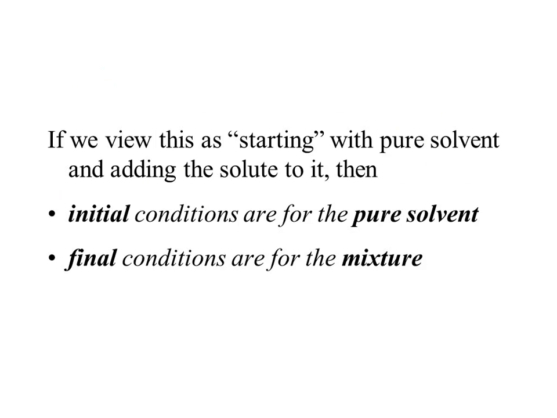So deltas are always about final minus initial, and we're going to keep with that. And we're going to assume that you start out with pure stuff, and it makes sense, and you add something to it, and you get the solution. Okay, so the final actually is P. Does that make sense? Okay, and P naught is the initial.